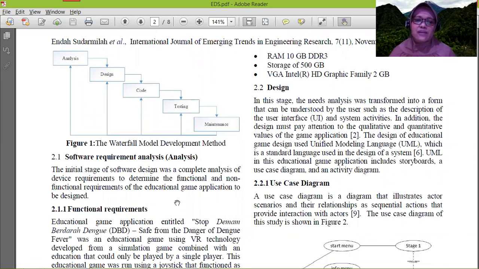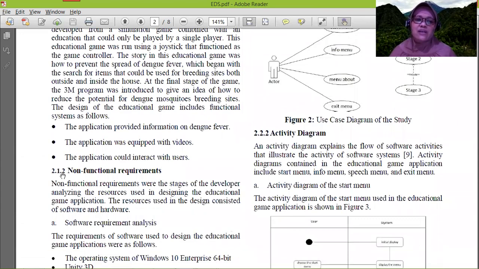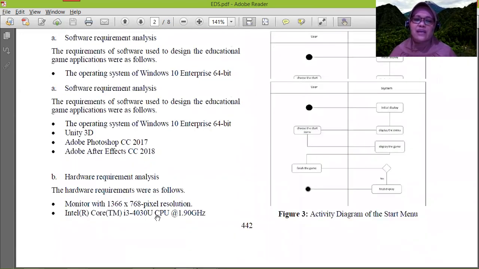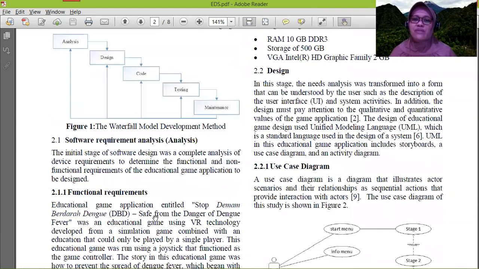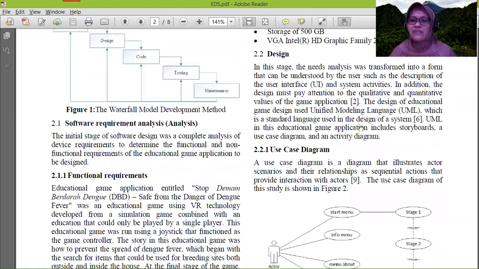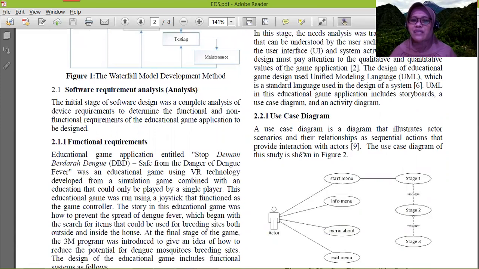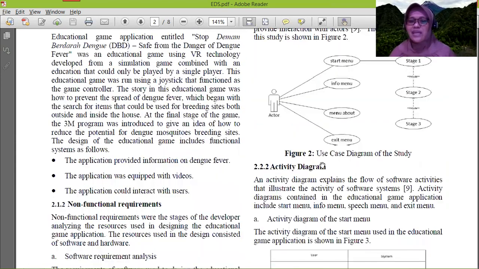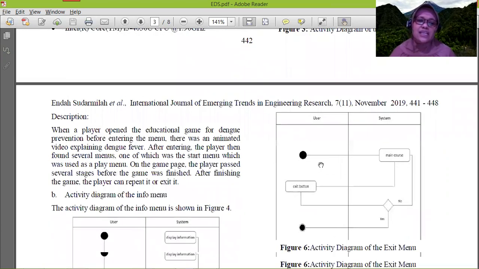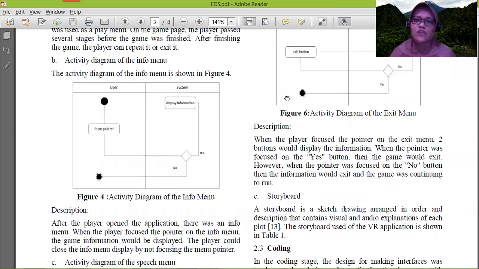For the analysis step, I use functional requirements and also non-functional requirements. The next step is designing. Designing I will conduct with UML, so the steps are use case diagram, activity diagram, and also storyboarding.